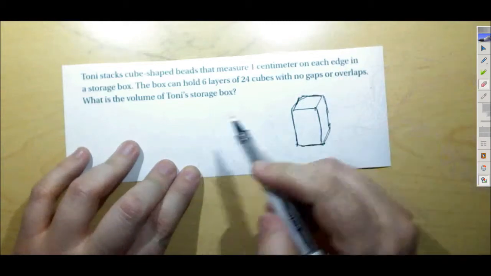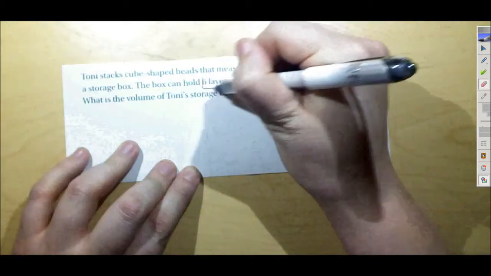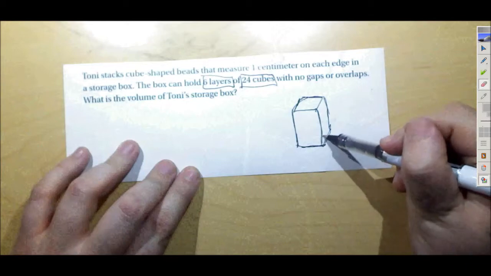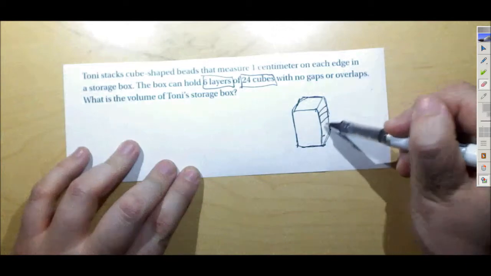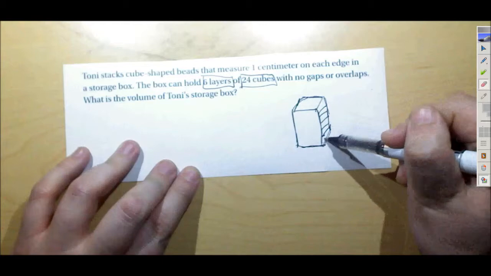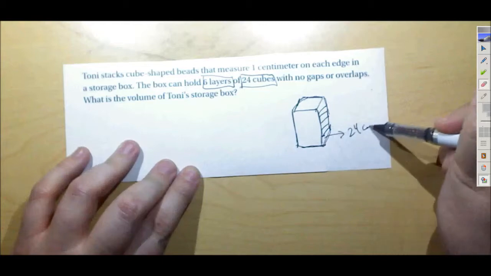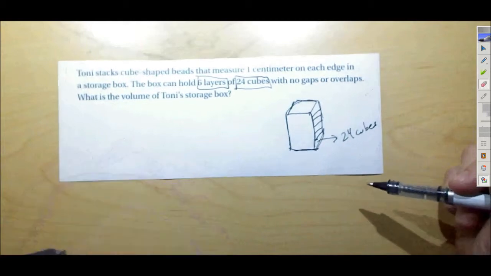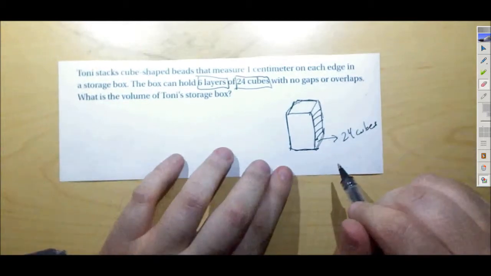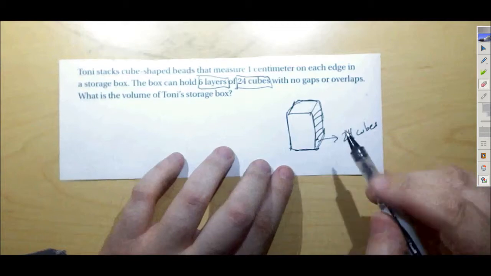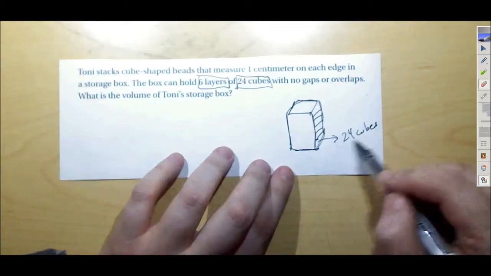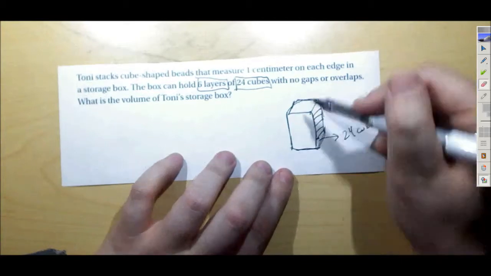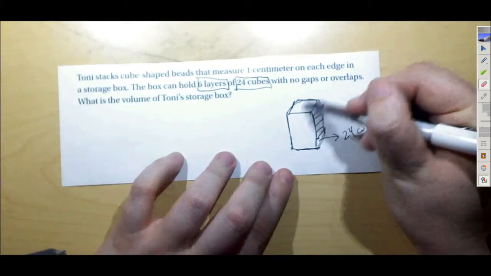And it says that there's 6 layers of 24 cubes. So I can think of the layers like this, and each layer has 24 cubes. So if the first layer is 24 cubes, that means that's going to be basically the base area.